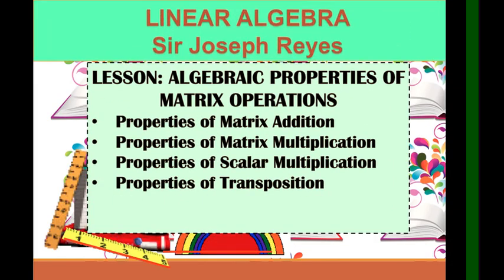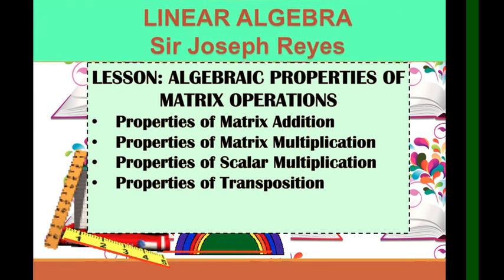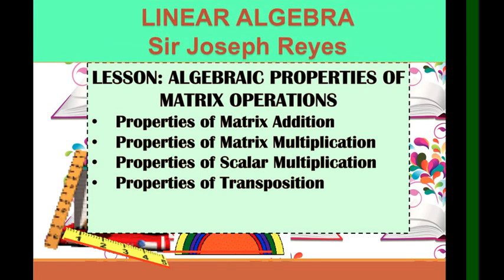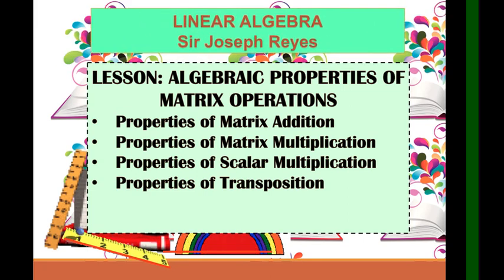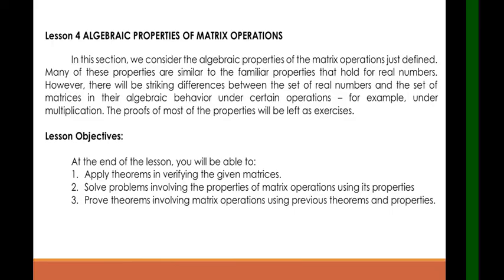Good day, everyone. Our lesson for today is all about algebraic properties of matrix operations, specifically properties of matrix addition, properties of matrix multiplication, properties of scalar multiplication, and properties of transposition. To start with, in this section, we consider the algebraic properties of the matrix operations just defined.